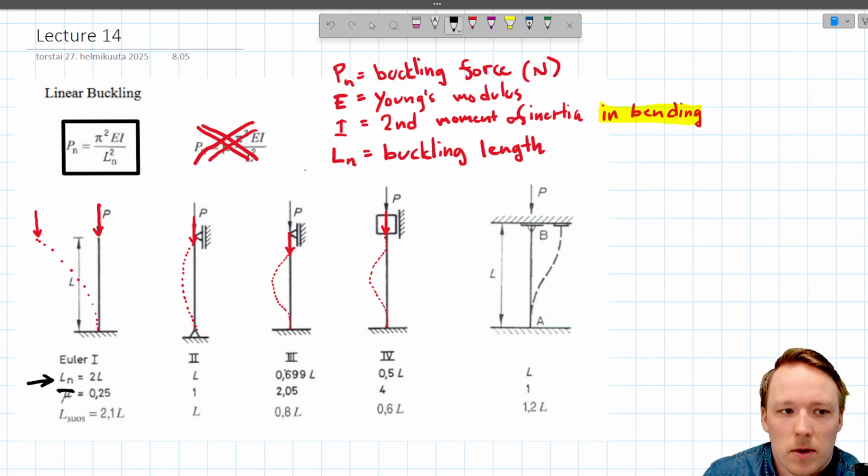So, for example, if we would have a scenario like this number one here, the buckling length that we need to insert into this equation is 2 times the length of the beam. So if the length of the beam was 1000 millimeters, it would mean that the value that we insert in this formula would be 2000.